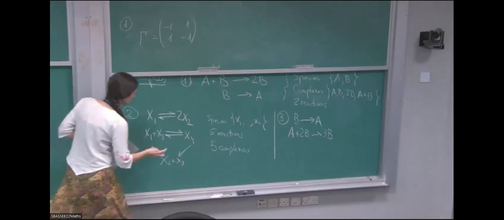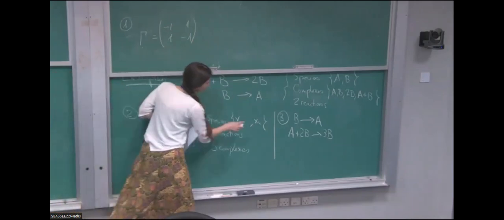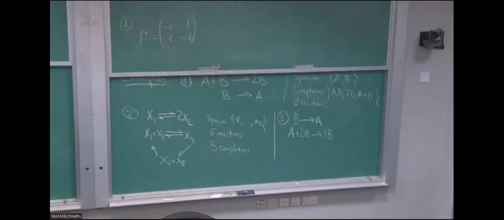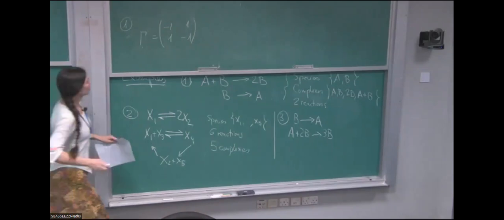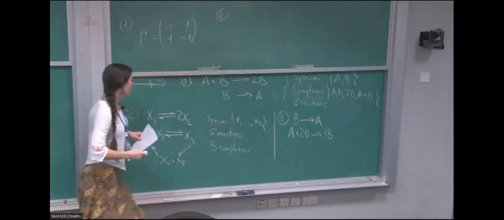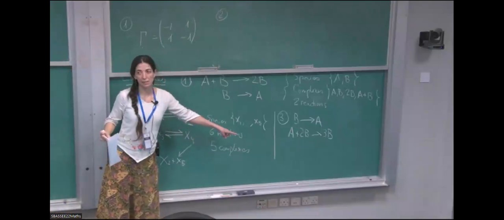I'm seeing that actually this wasn't fine. Sorry, that was a mistake. So if I use this network, then I will have a 5 times 6 matrix.